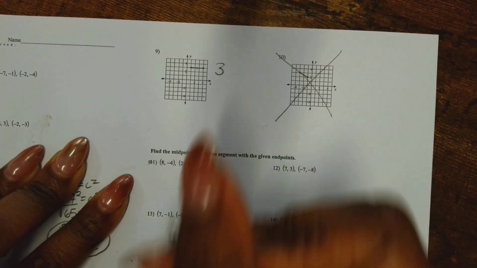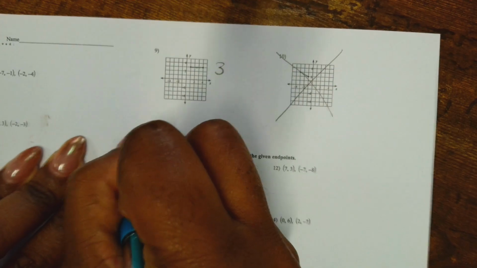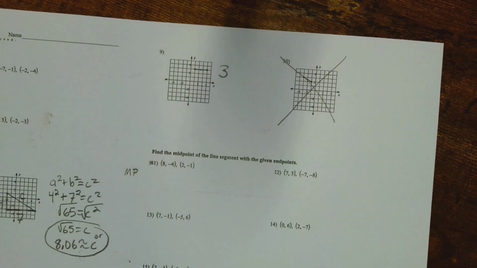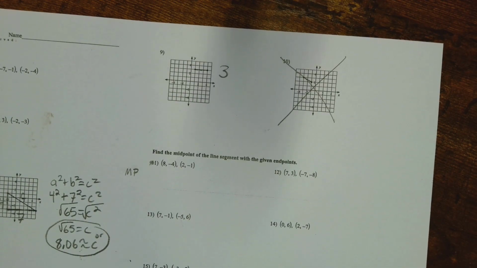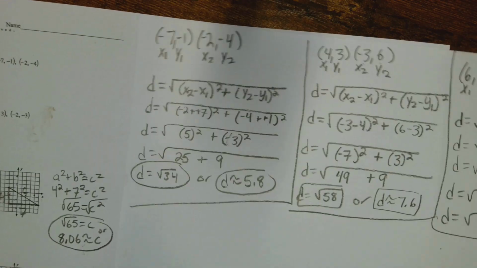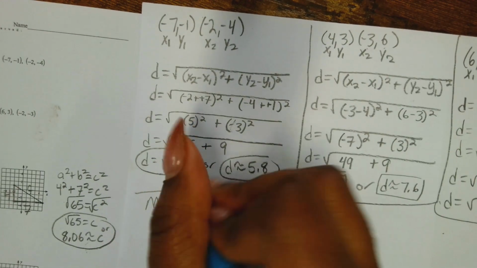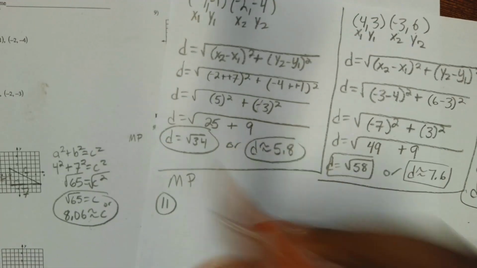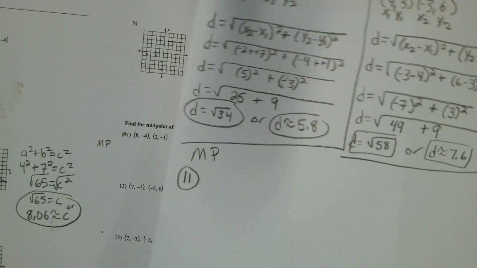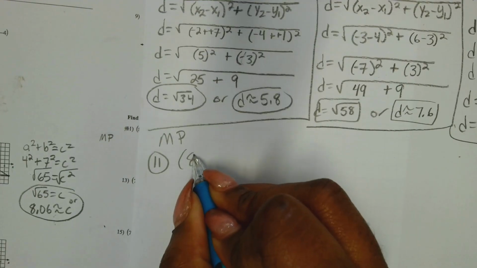Midpoint. Midpoint formula. Again, I write big, so I'm going to have to write it on a separate sheet. So we're doing midpoint. This is number 11.